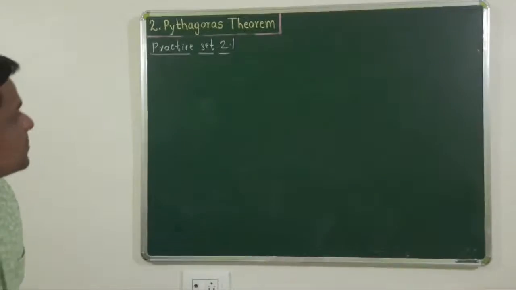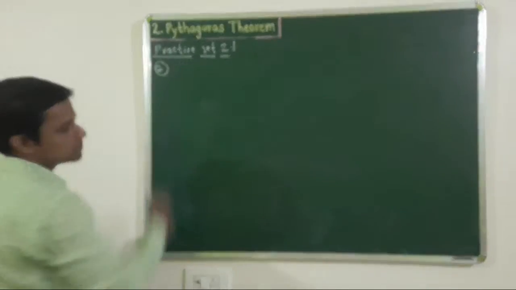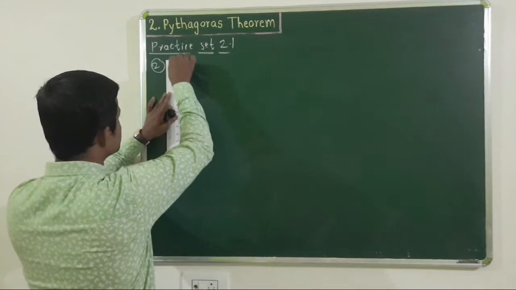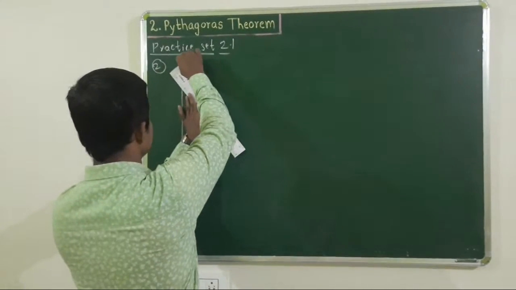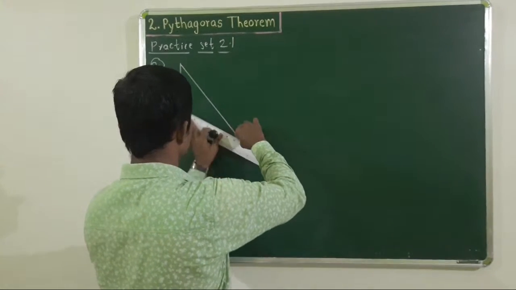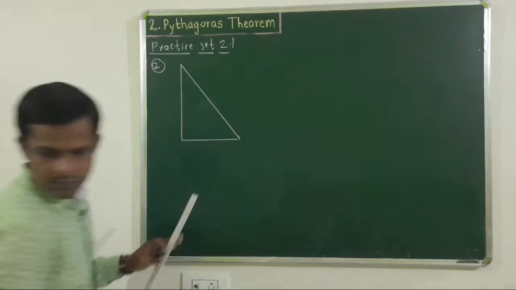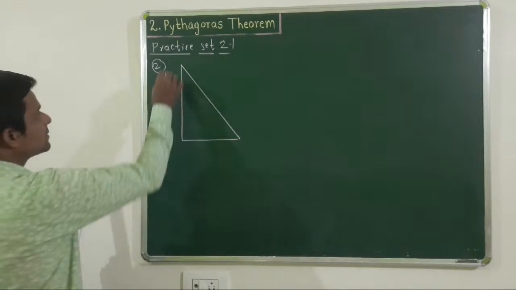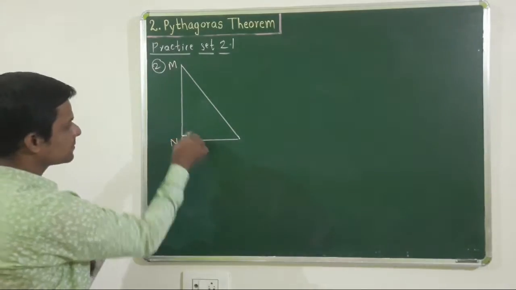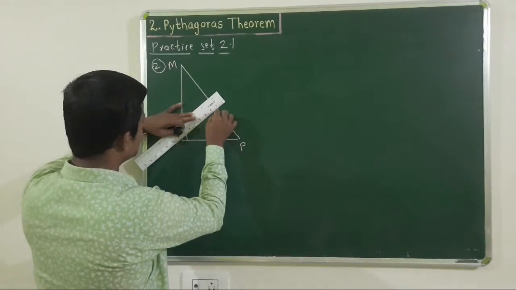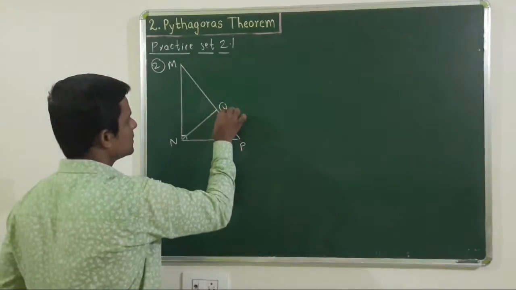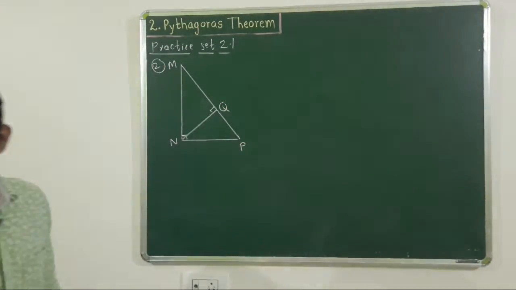Then we move towards example number 2. One diagram is given. This triangle MNP is given, which is right angled at point N. One altitude is drawn on the hypotenuse, that is NQ, which is perpendicular to MP.